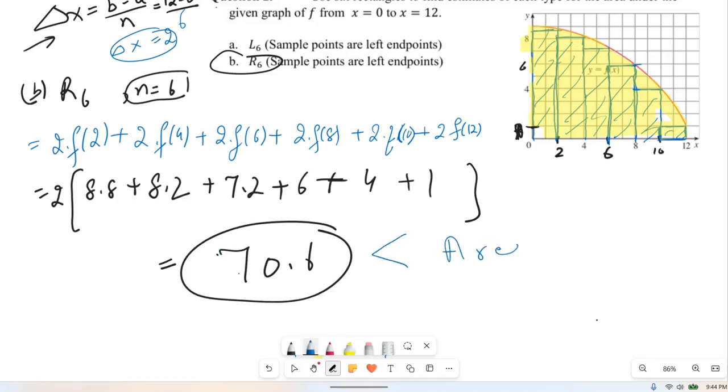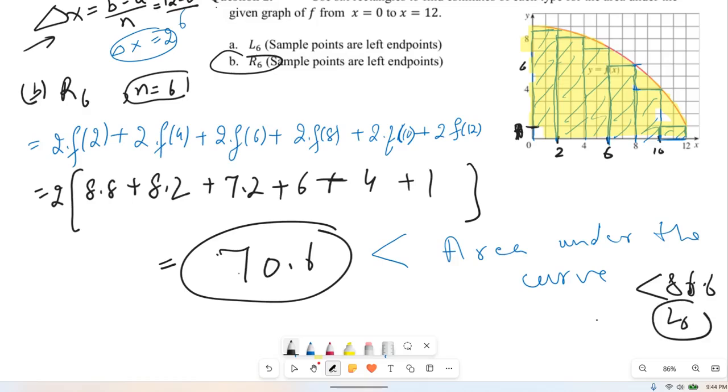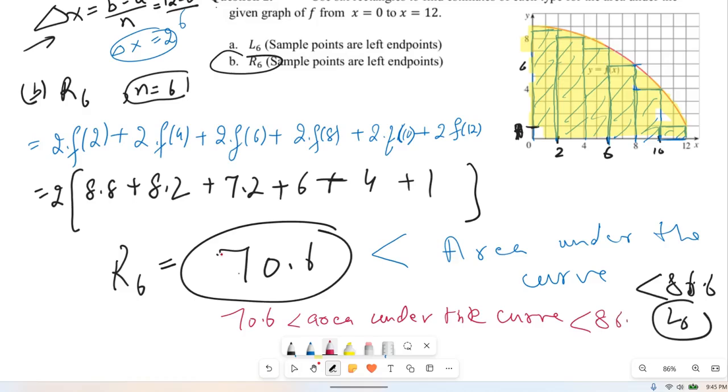So the area under the curve is a little more than this number. So we said the area under the curve is less than 86.6, which we calculated as L6, but it is a little more than R6, which is 70.6. So we are estimating that the actual area under the curve is between 70.6 and 86.6.